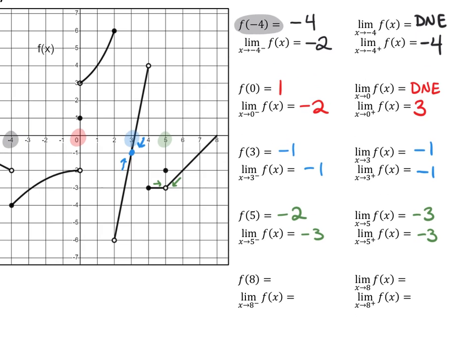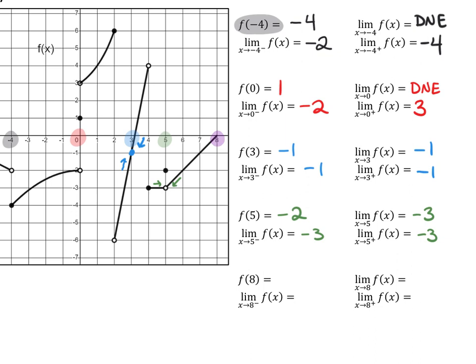Okay, then we go to number 8. 8 is interesting for a particular reason. Just looking at the graph itself, what's happening at 8? It's like it stops, and there's nothing on the other side of 8, right? So something interesting will happen. We can do f of 8.